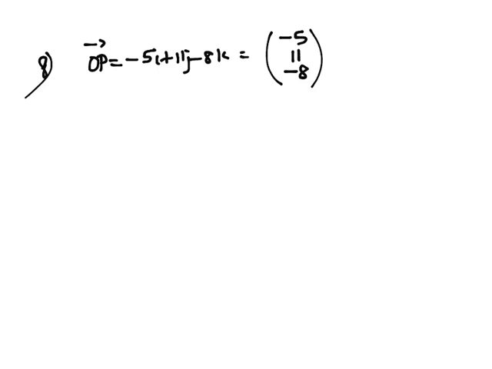So this is OP vector, and OQ vector is given in terms of i, j and k. I can write it as minus 4, 9 and minus 5. So I think I prefer writing in this form, and both lie on line L1. Okay, so find PQ first. So PQ is OQ minus OP.